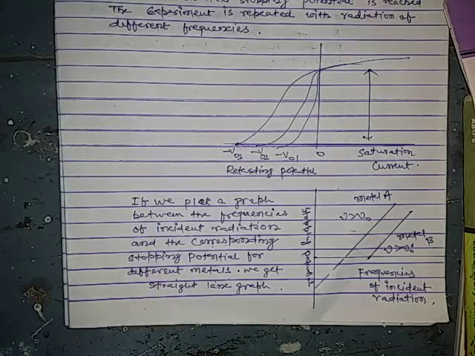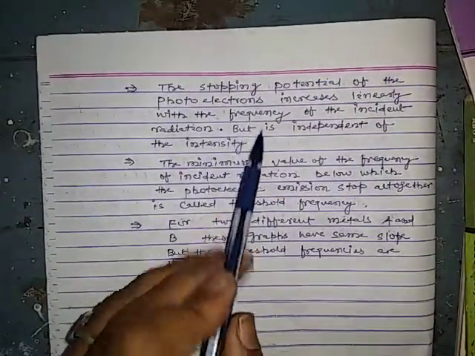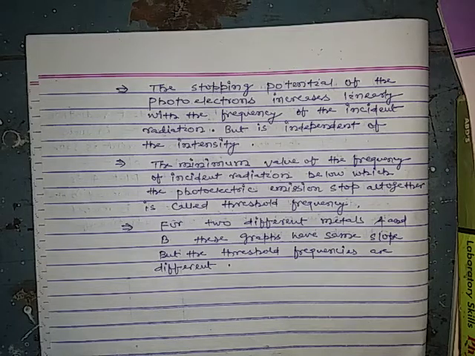Now, on the basis of such a graph, we conclude that the stopping potential of the photoelectrons increases linearly with the frequency of the incident radiation but is independent of the intensity.